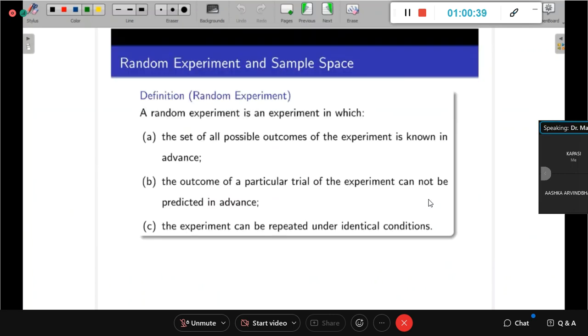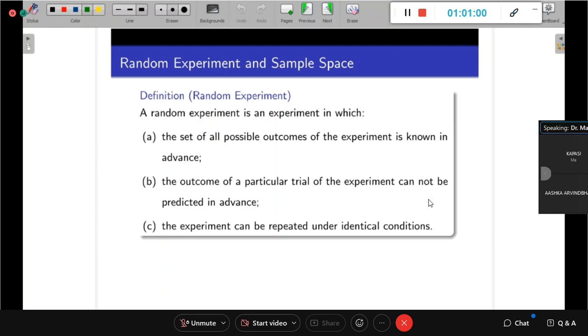Now we can start talking about probability. The very first definition for talking about probability is conducting an experiment.